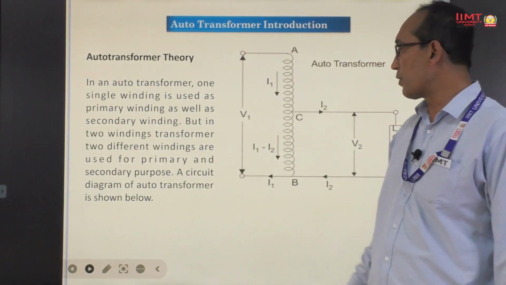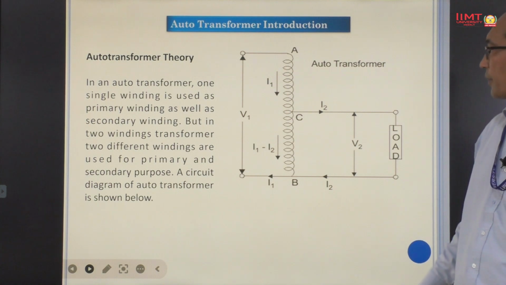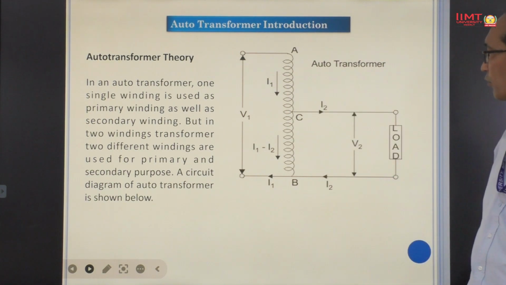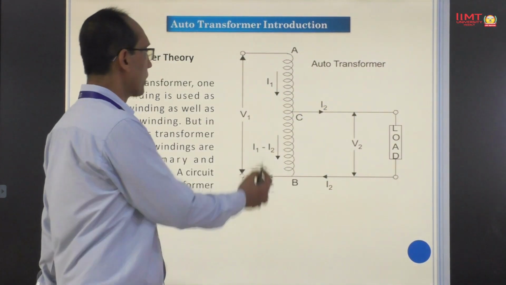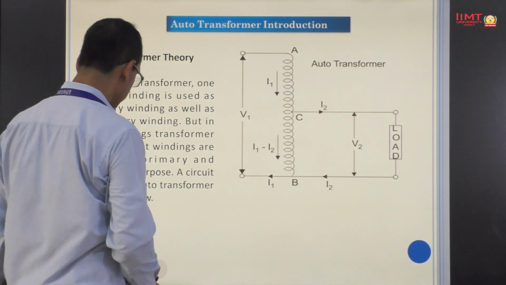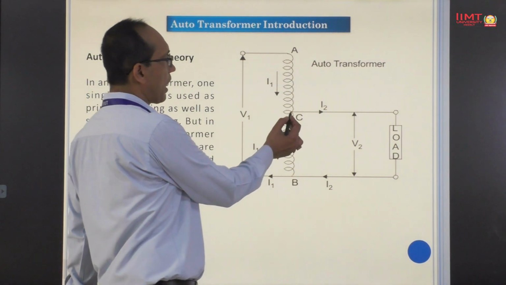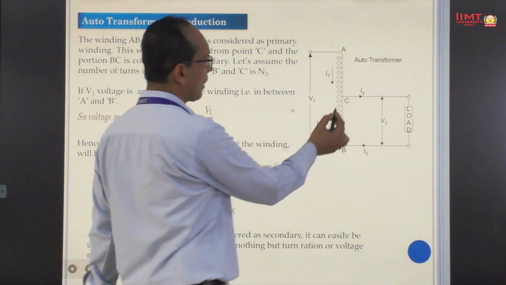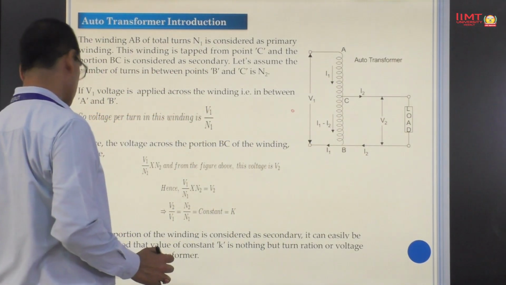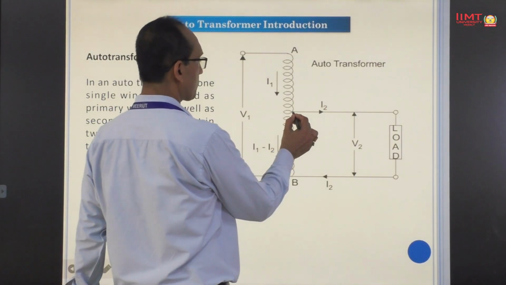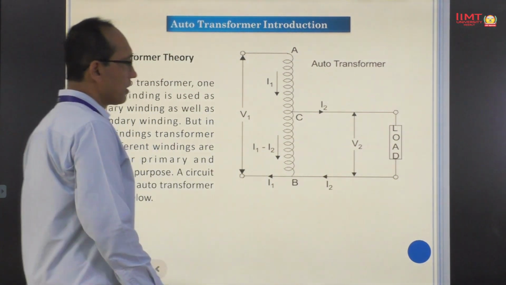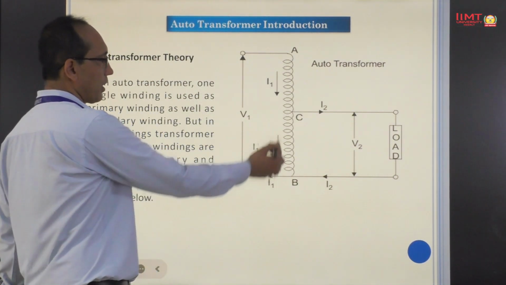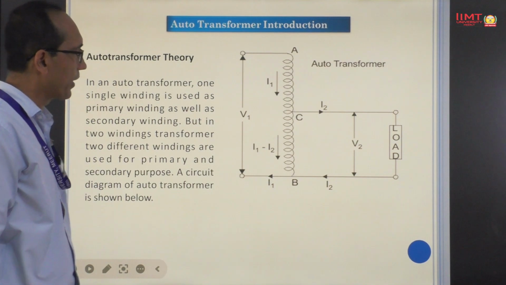So this is a circuit diagram of auto transformer in which current distribution and voltage distribution has been shown here. Let us start with primary current I1 here, and after taking this part, we have the current I2 here, and the remaining current in the BC part is I1 minus I2.